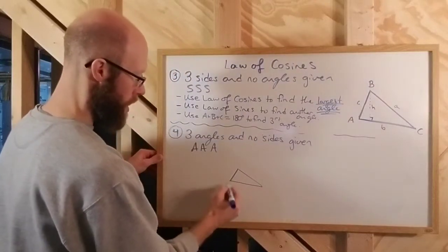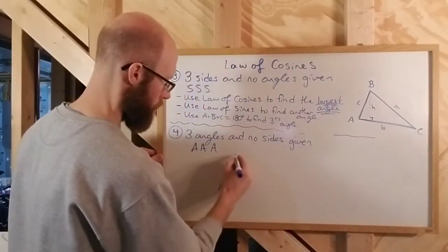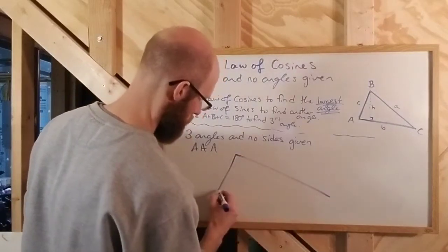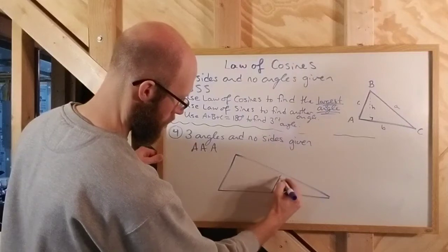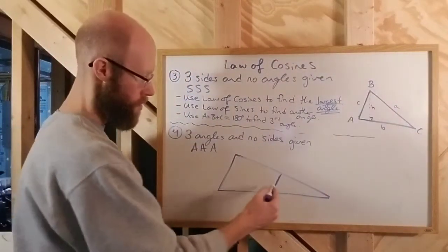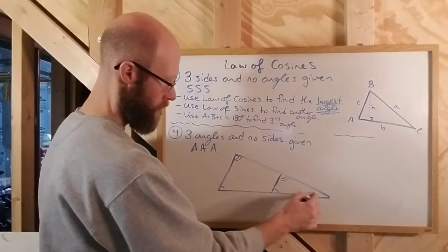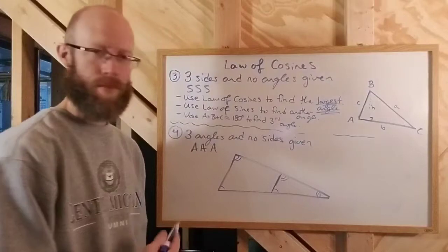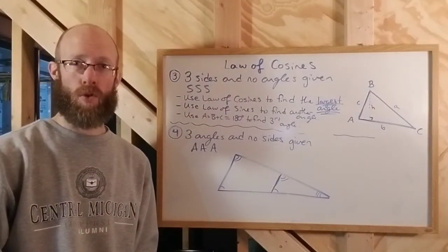Let me draw this a little bigger. Any two triangles with the same three angles are similar triangles, not congruent. So you could have all the corresponding angles congruent, but not have the same triangle.